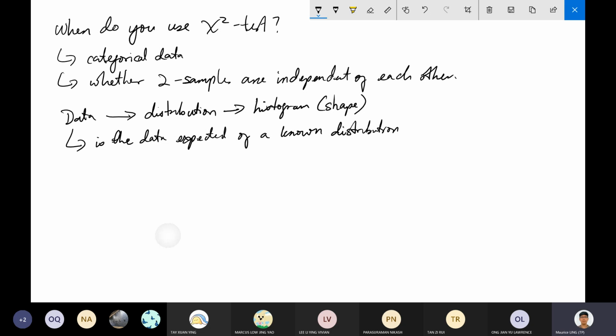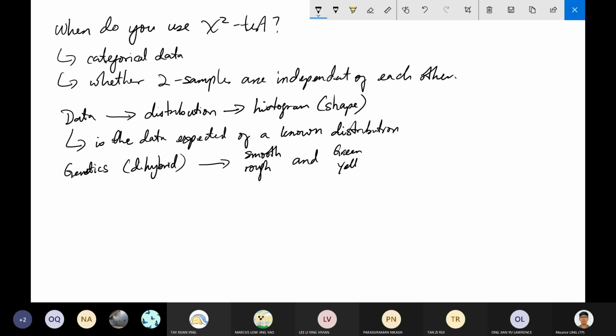Yeah, correct. So basically, in your genetics, let's say you have a dihybrid. A dihybrid case could mean that it is smooth or rough, and you're talking about green or yellow. So there are two different things, right? So the ratio you expect based on your Mendelian genetics is 9:3:3:1.